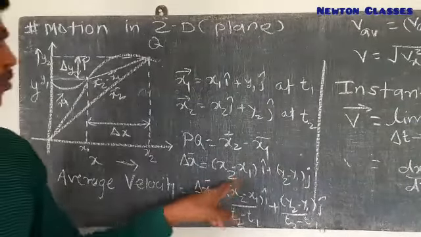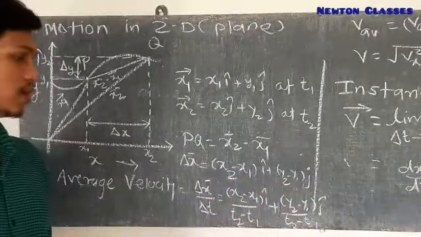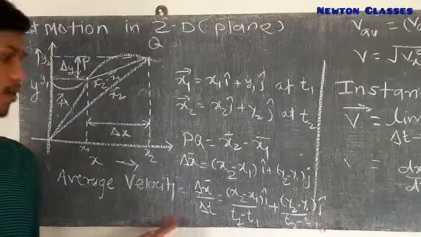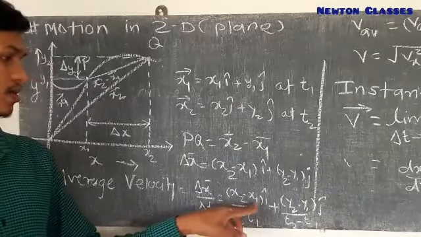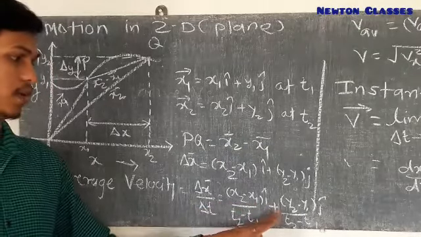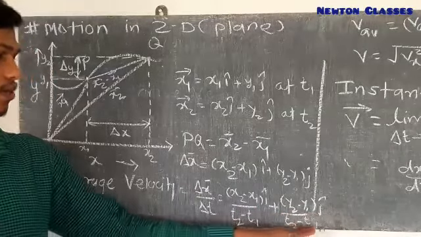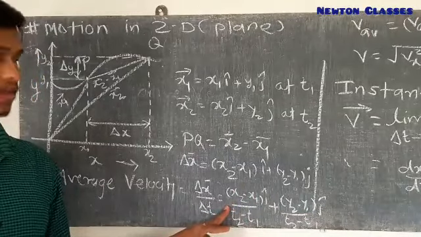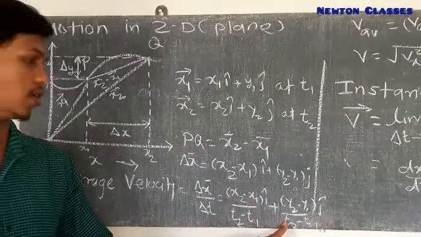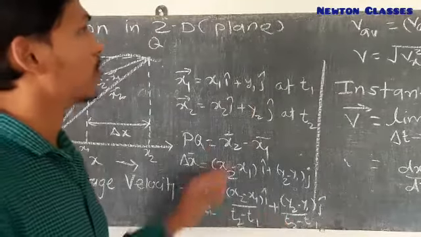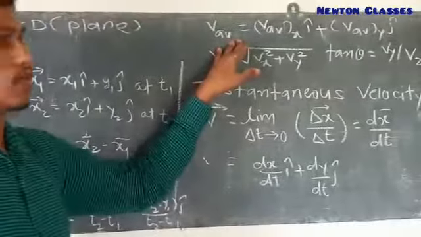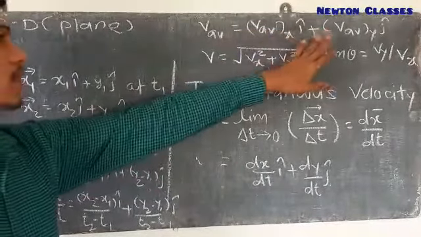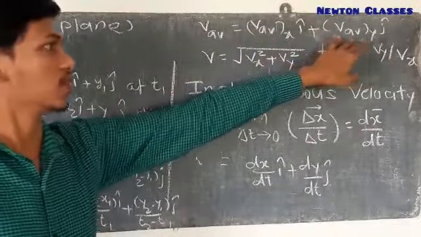By dividing, we get the two components of the average velocity, which is also a vector quantity: (x2 minus x1) upon (t2 minus t1) i cap plus (y2 minus y1) upon (t2 minus t1) j cap. This quantity is the average velocity along the x axis, and this is the average velocity along the y direction. Therefore the average velocity can be expressed as v average equal to v average along x axis i cap plus v average along y direction into j cap.